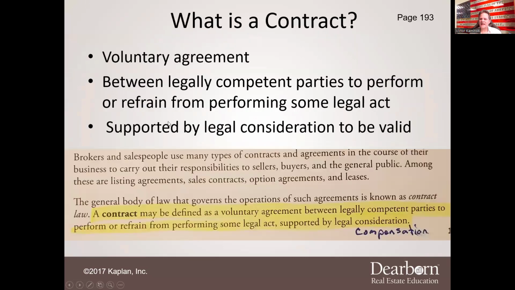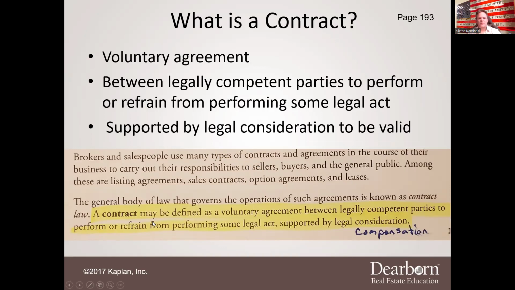So what is a contract? A contract is a voluntary agreement between 2 competent parties to perform some legal act, but it has to be supported by some form of legal consideration in order for it to be valid in the eyes of the law. The parties have to be exchanging something of value, whether it's goods, money, or services.